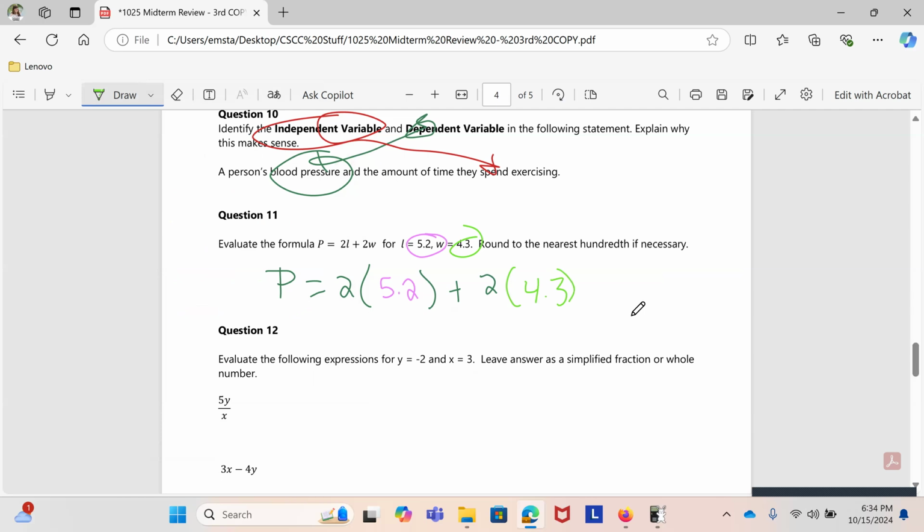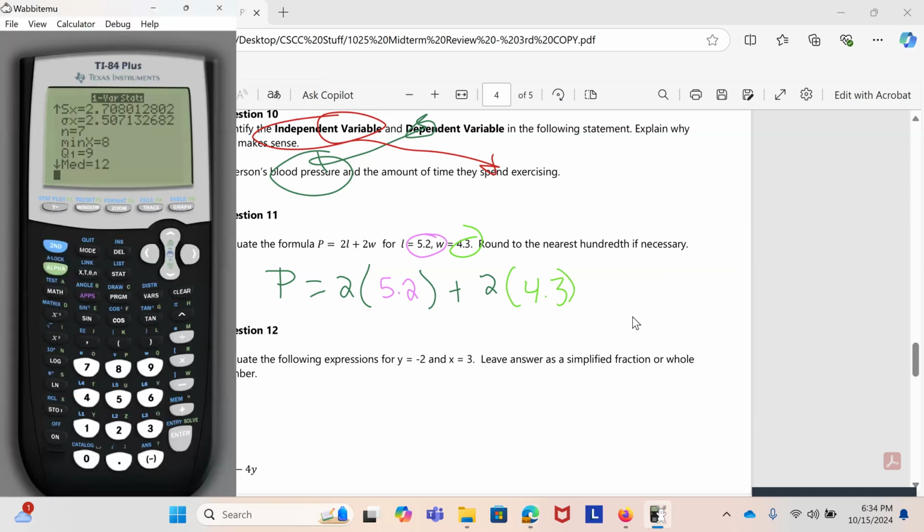Now at this point, you can type it in your calculator. I had trouble typing this earlier. 2 times 5.2. I just have to go slower than the calculator does.